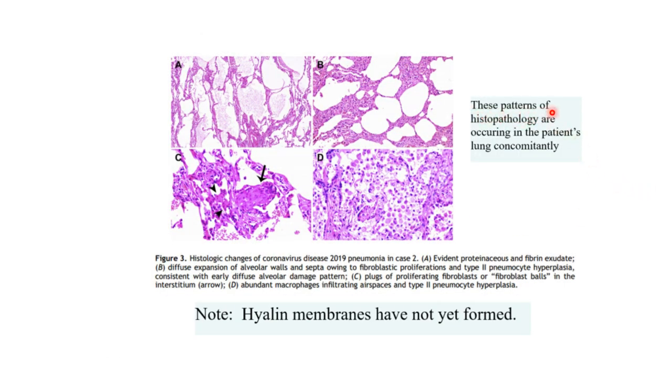So these patterns of histopathology are occurring in the patient's lung concomitantly. Again, hyaline membranes have not yet formed. So hyaline membranes happen at a later stage in the pathological sequelae of this.